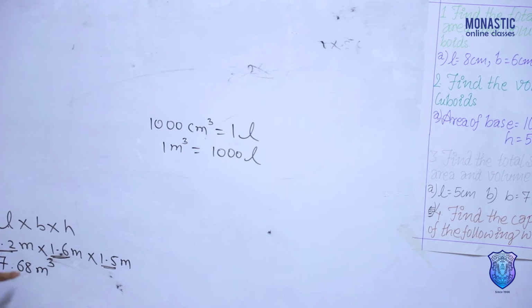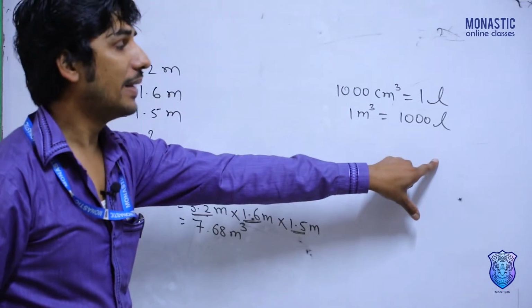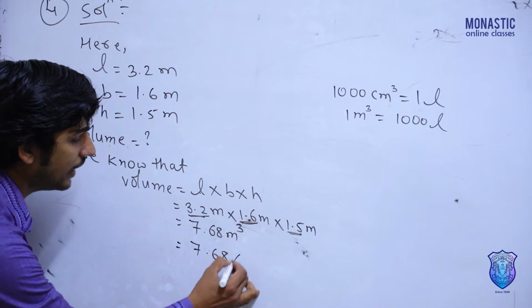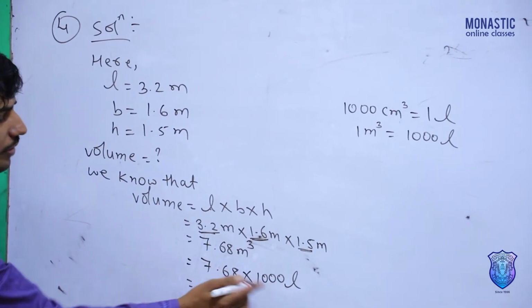That's why the 7.68 cubic meter is changed into liter. So 7.68 into 1000 liter. How much is coming?